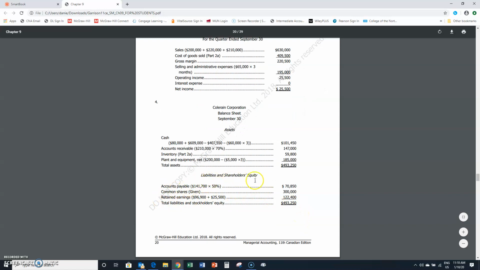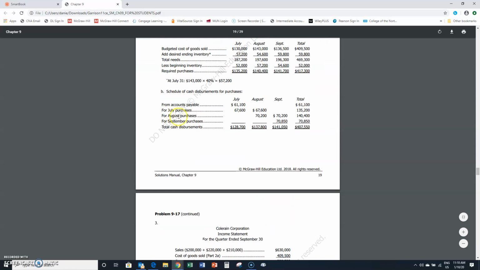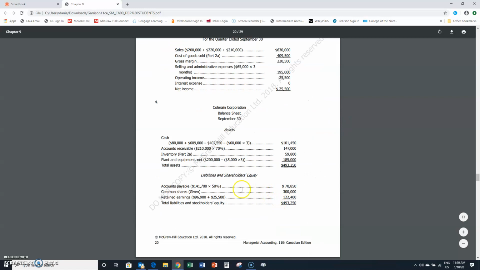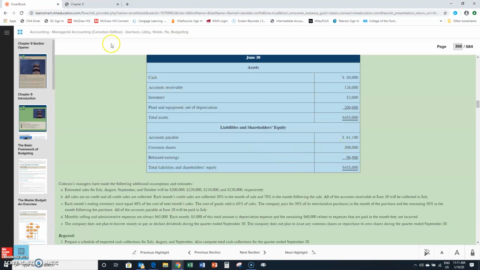Then under liabilities and shareholders' equity, we have our accounts payable, and again we pointed this out earlier, it's your September purchases times 50%, because 50% of that is going to be paid in the month following, so $70,850. Common shares were given back here, and we were told there's no dividends or anything, and no shares issued, nothing like that.